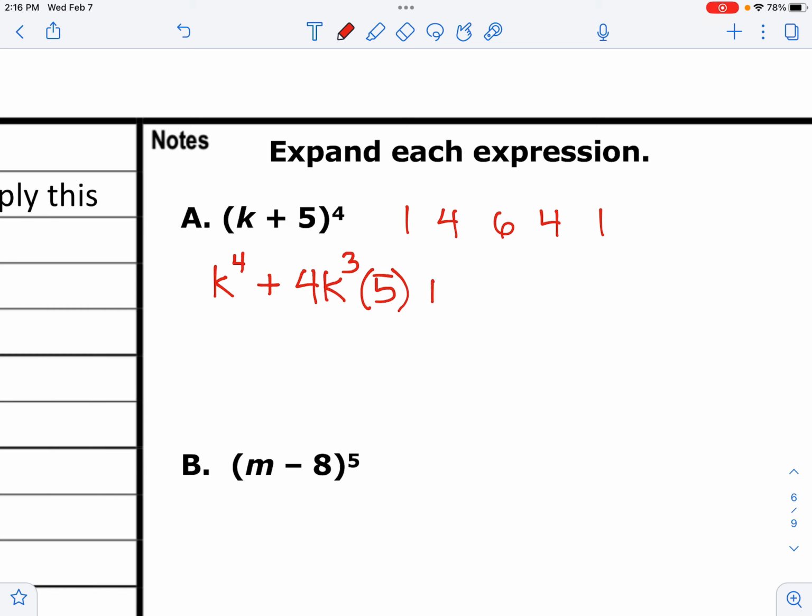And then plus, now I'm going to start with my coefficient 6. Now this would be 6k squared. And now this would be 5 squared. So remember, the 5s are going up by one degree. So we got 5 to the nothing power, 5 to the first, 5 to the second.